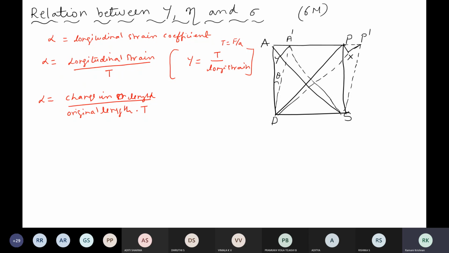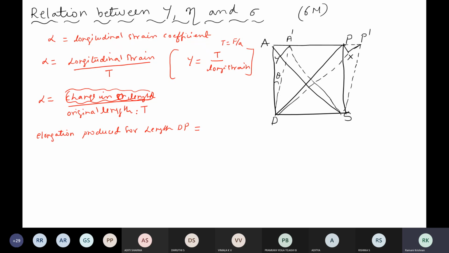So alpha is longitudinal strain per unit stress, that is tension. Longitudinal strain is change in length to the original length. Let us see in this case what I will write for alpha. What is the elongation produced for length PP dash, along our diagonal?